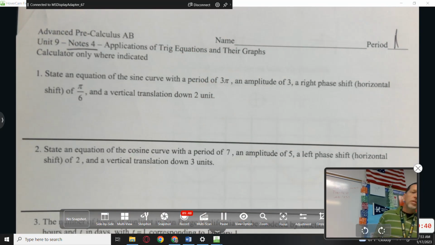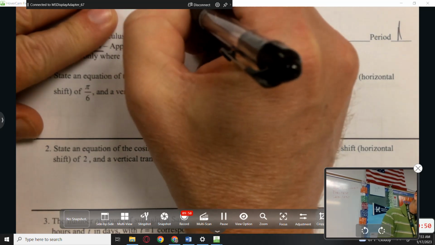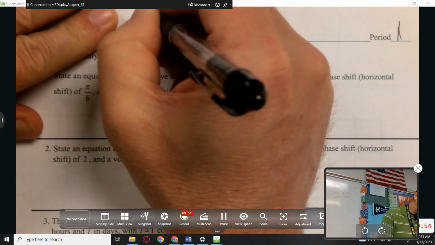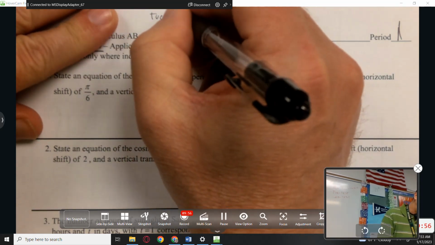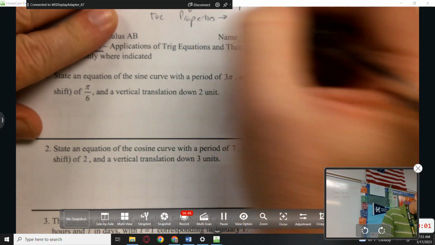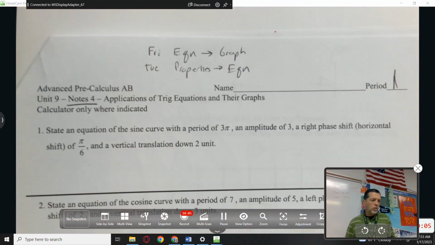So, notes 4. This is a backwards day. So instead of me giving you the equation, and you, let's see, that was Friday. Equation to graph. Today is going to be properties to an equation. Like I'll give you the properties, you give me the equation.